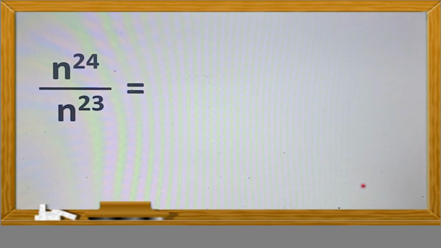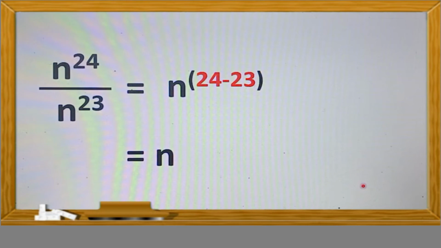Another: n raised to 24 over n raised to 23. So we have n raised to 24 minus 23, so we have n raised to 1, which equals n.